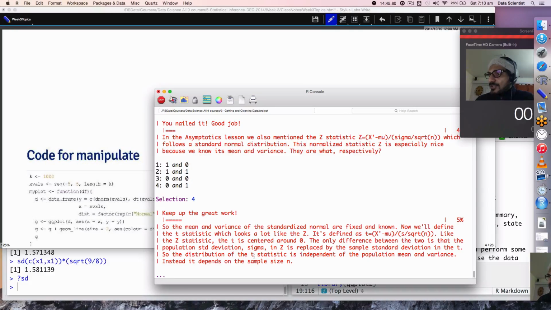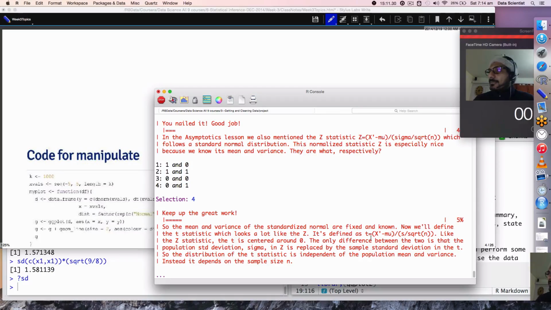So the distribution of the T statistic is independent of the population mean and variance, he's saying. Instead, it depends on the sample size n. I don't know why he's saying that the distribution is independent of the population mean, because mu is still there. Variance, of course, is not there. Population variance is not coming into the picture, and definitely the T distribution is independent of that.